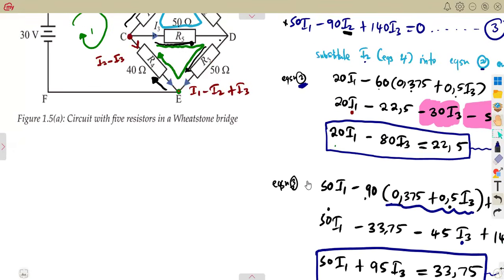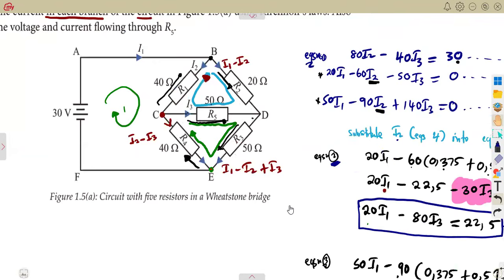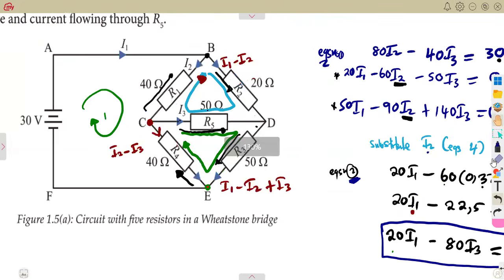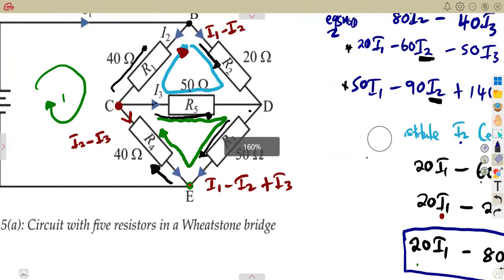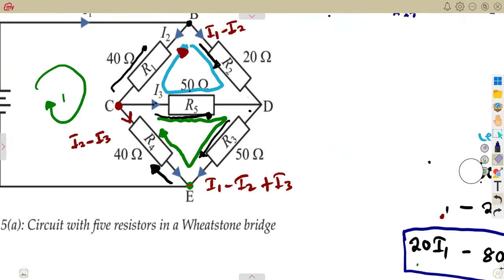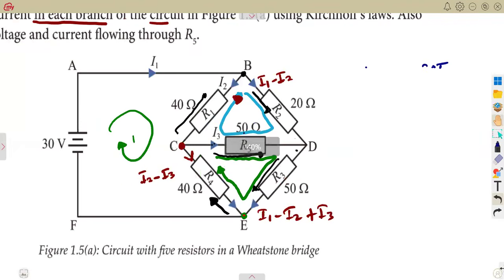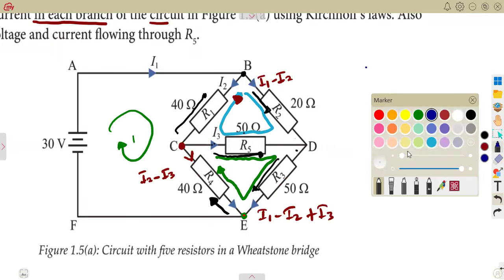So we have I1, I2, I3, and so on. Let us consider now the currents in the other branches. I'm just going to erase here because we now have a lot of things. Anyways, it's fine. So the currents in other branches.